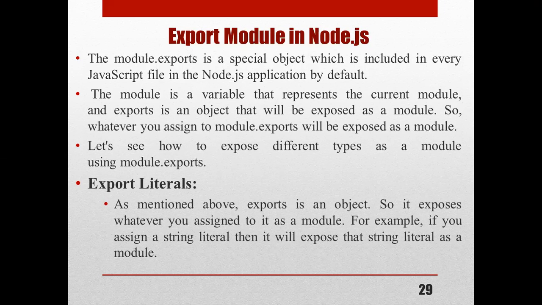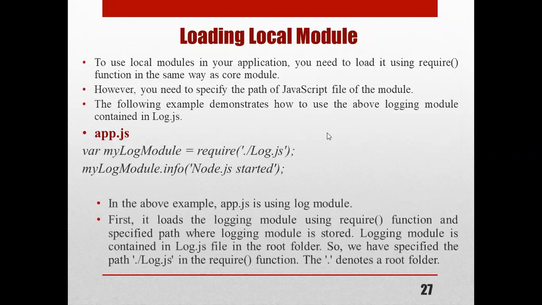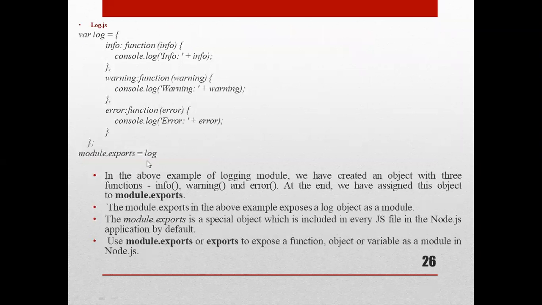Module means the current module, and exports means that object will be exposed as a module. So whatever we assign to module.exports will be exposed as a module. In the last slides, we have seen that module.exports is equal to log.